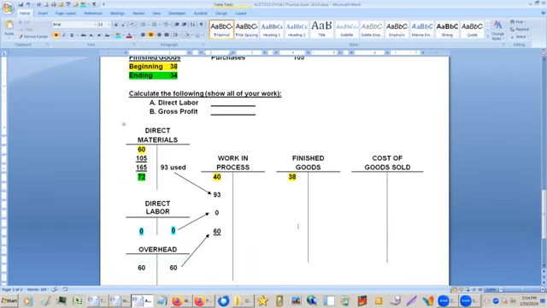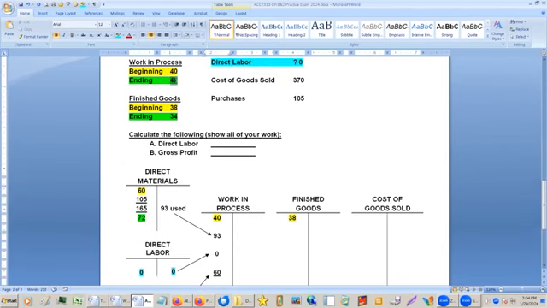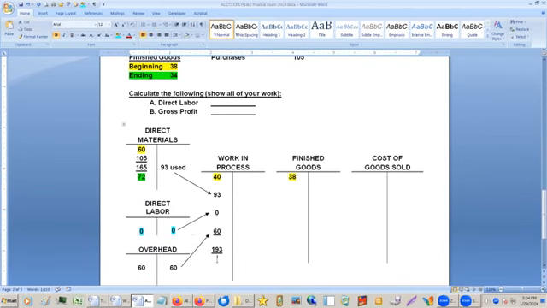40 plus 93 plus 60. 93? Could it possibly be that easy? I guess it is. Okay, the ending is 42. $151.